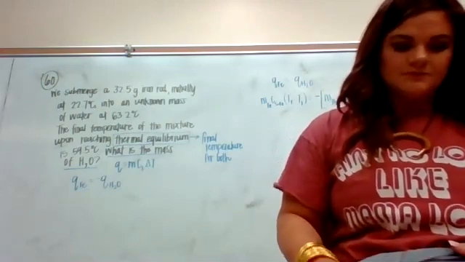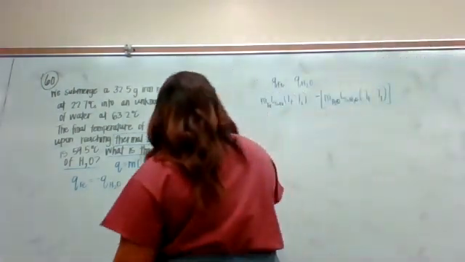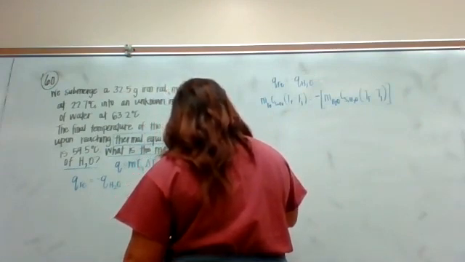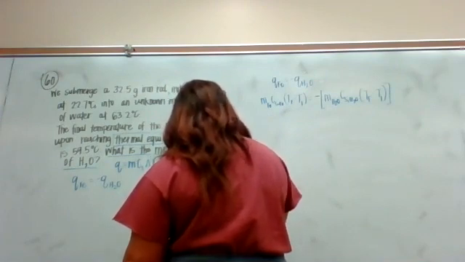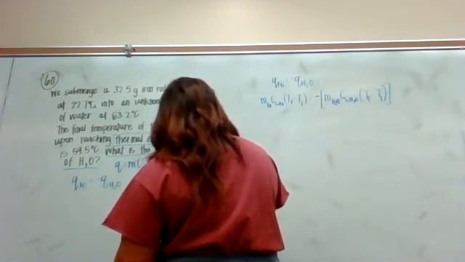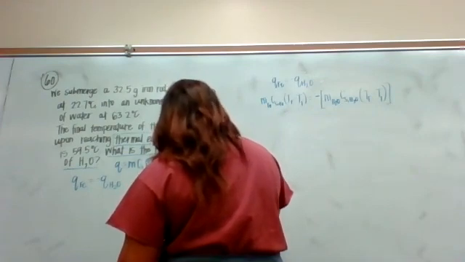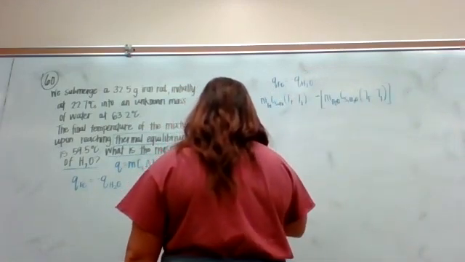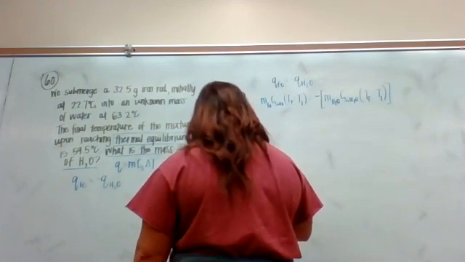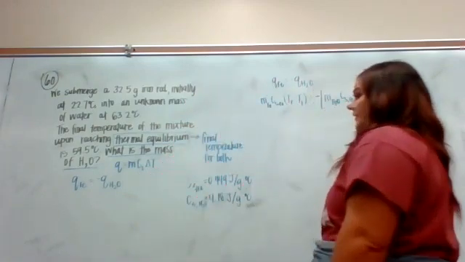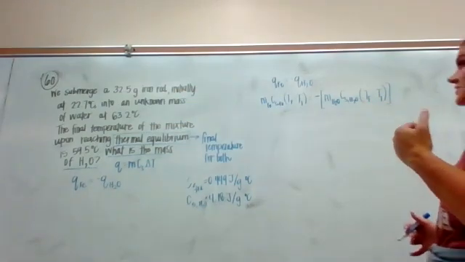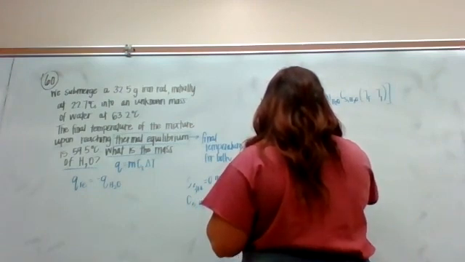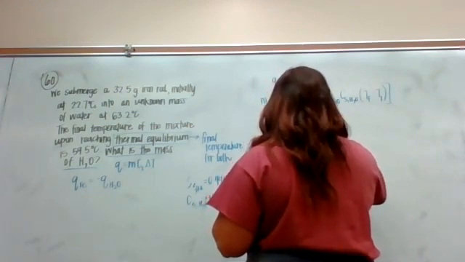All right, I need the specific heats of iron and water. What is it? 0.41. And water is 4.18. Okay, right, my units. All right, now just go plug everything in. Mass of iron. Specific heat of iron.